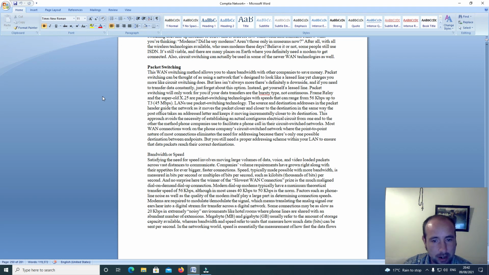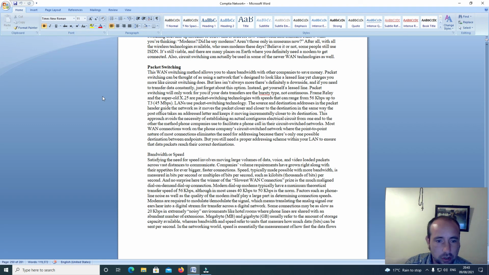LANs use packet switching technology. The source and destination addresses in the packet header guide the network as it moves the packet closer and closer to the destination, in the same way the post office takes an addressed letter and keeps it moving incrementally closer to its destination.